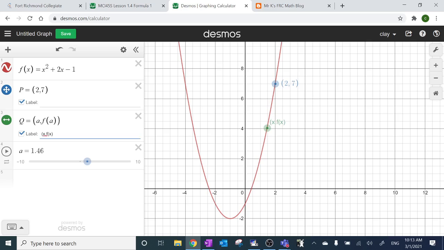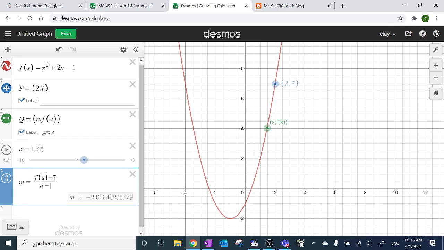And there we go. So now, as I make this closer and closer, I need a slope value. So the slope value is going to be f of A minus the 7, all over A minus 2. And there we go.